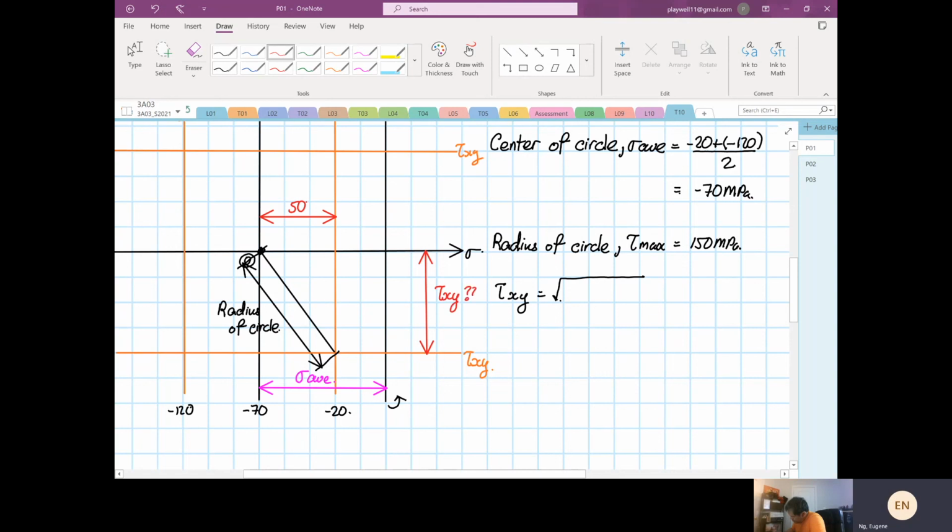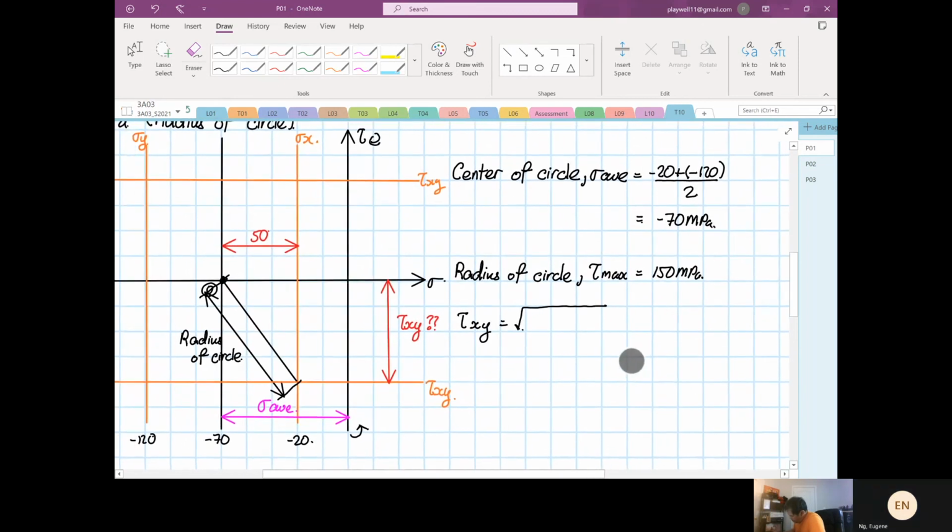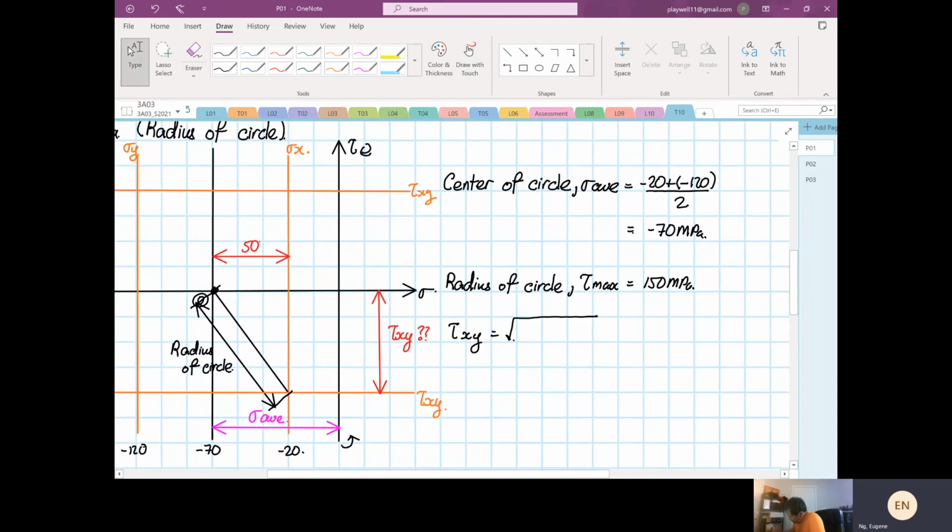Okay, so this is the distance we're going to find. So this is equal to the radius of circle, 150 squared, minus 70 squared. So 150 squared minus 70 squared, square root is equal to 132 point, wait, no, 70, what am I talking about? 50.